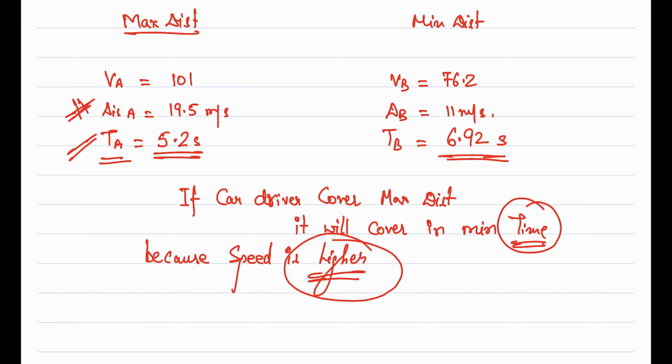A. Time is less. So this part means if the driver has to choose, either it has to go with the maximum distance, or with the minimum distance. So the right answer in this case, he has to choose for maximum distance. So guys, you understand, because in this question I tried to explain you everything so that it will become easier for you to solve it.